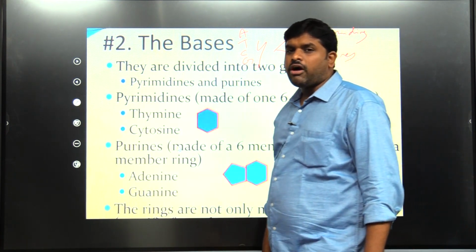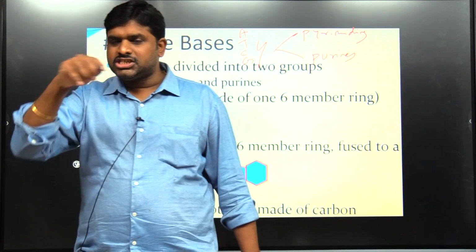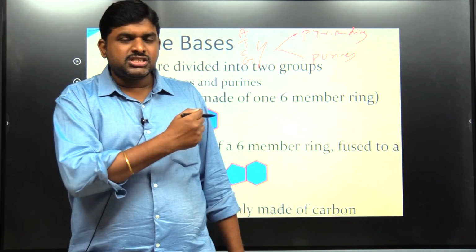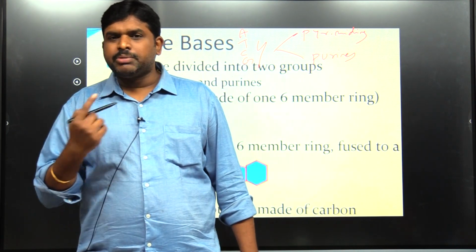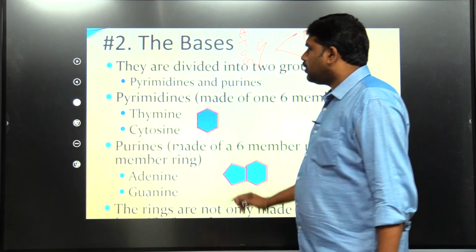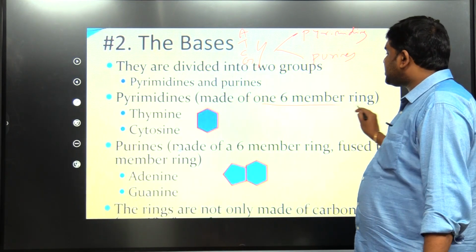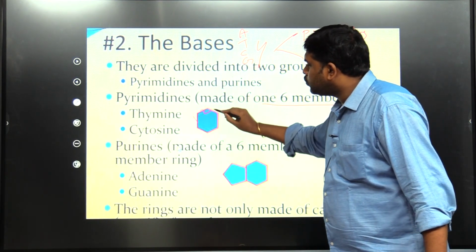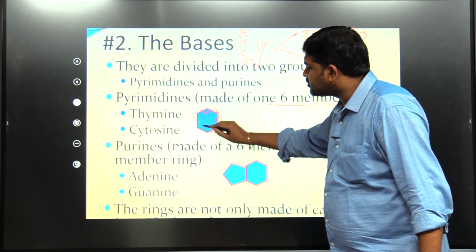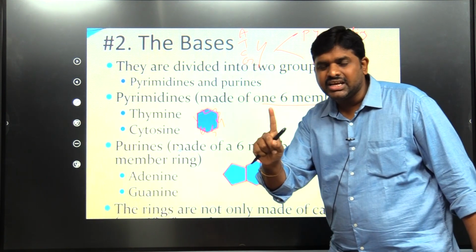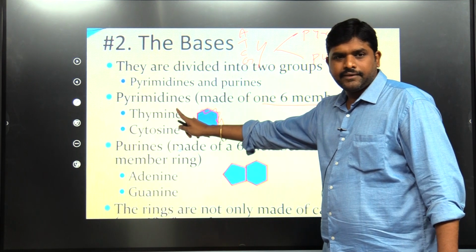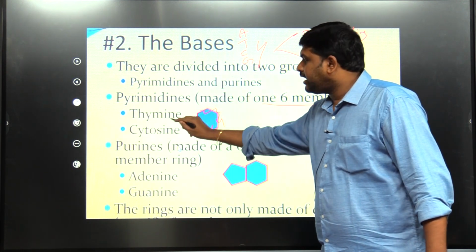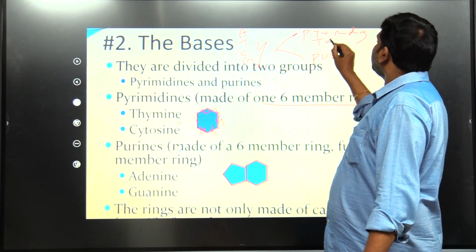In your school organic chemistry you studied the structures, and based upon the structures they are classified as pyrimidines and purines. What are pyrimidines? Made up of a 6-member ring: 1, 2, 3, 4, 5, 6. If a 6-member single ring is there, it is called a pyrimidine. Thymine and cytosine.